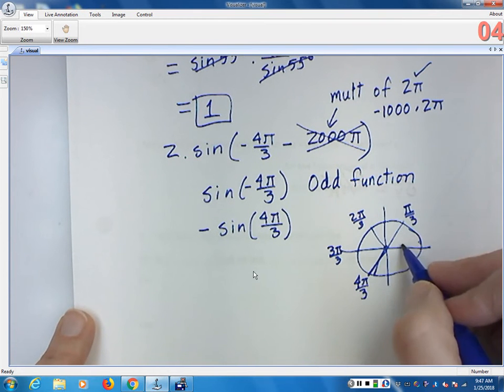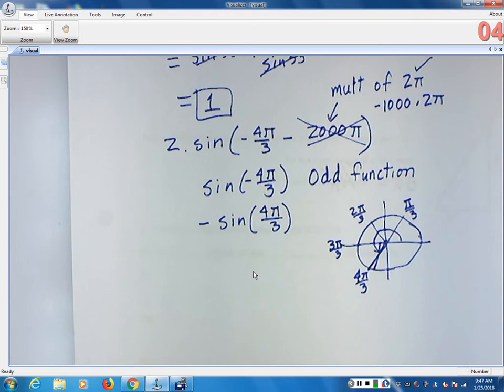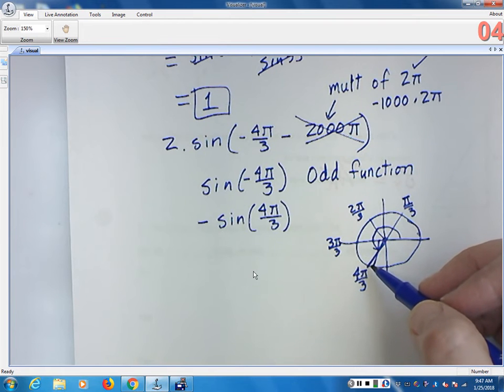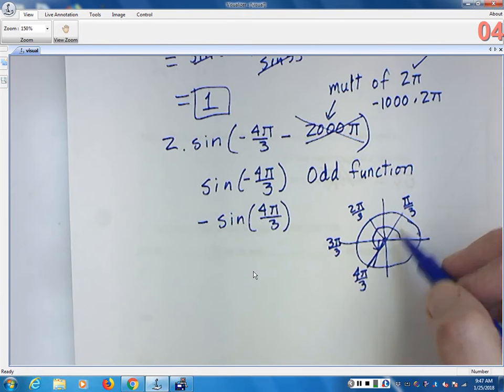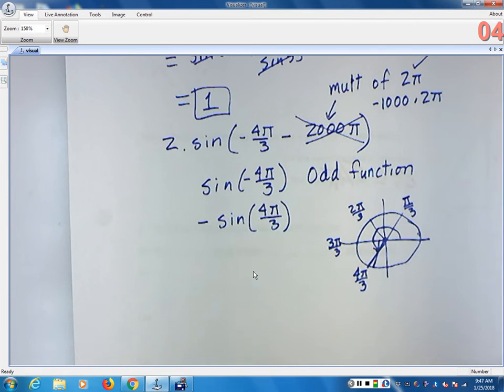Okay, so we're down here at 4 pi over 3. And sine is the y-coordinate, so it's going to be negative. Let's look at the triangle that we drew. I think that's going to help us too.